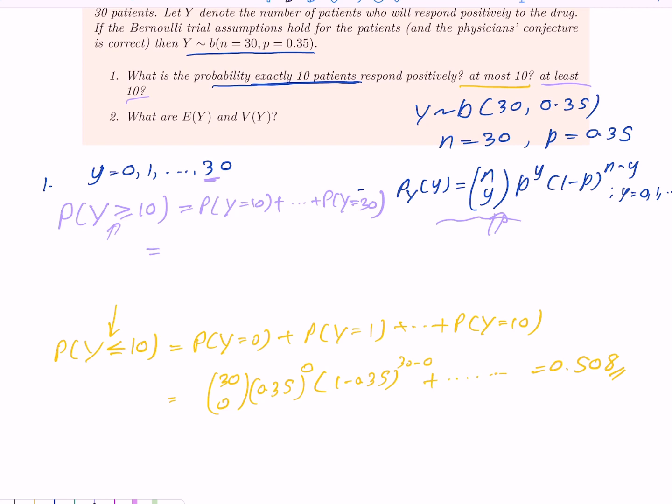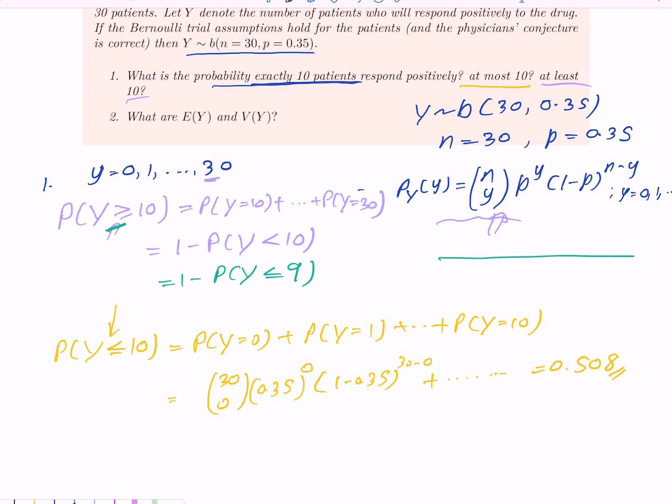But you can use the complement rule. What is the complement rule? Here you can use 1 minus probability y strictly less than 10. It is not less than or equal, it is strictly less than 10. Why? Because the binomial is a discrete distribution. So if this is greater than or equal to 10, then the complement must be less than 10, or you can write y less than or equal to 9.